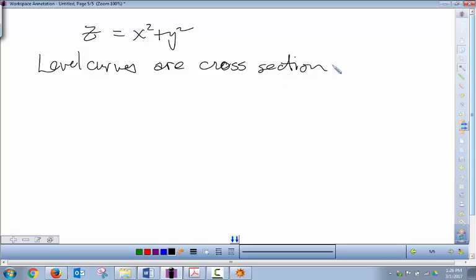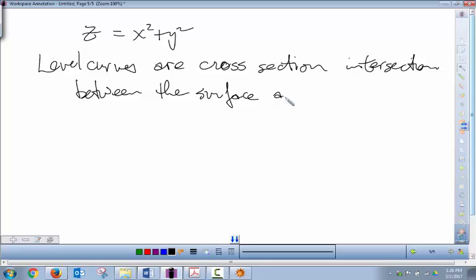So if we think about intersecting the surface, whatever this function is, and whatever surface this function generates, if we think about intersecting the surface with a horizontal plane, a plane parallel to the xy plane, then its image can be reflected down onto the xy plane, and then we get to see how it would look.